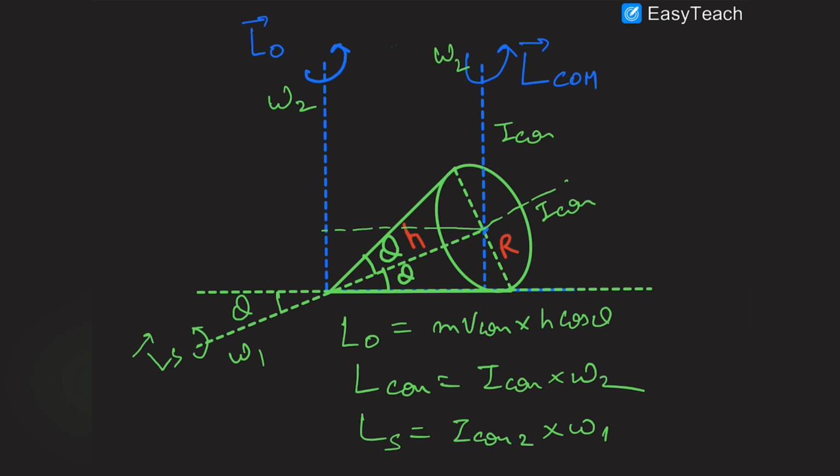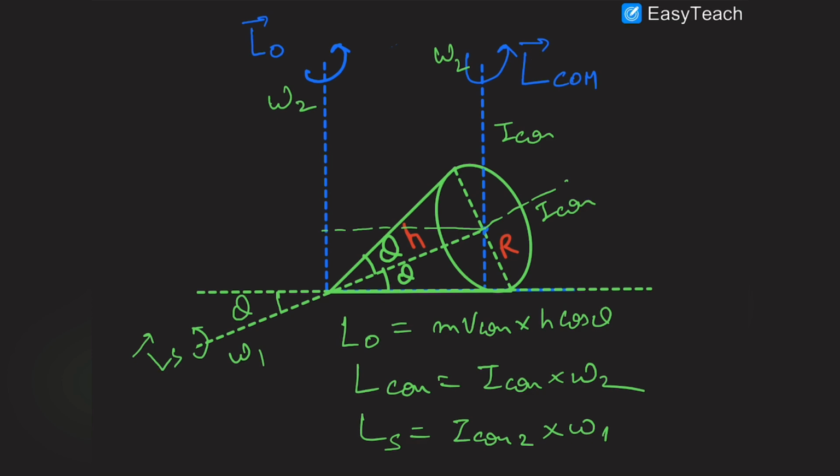Please refer to the angular momentum video in the playlist. This is an asymmetrical object because there is no mirror image of it on the other side of the axis. So we cannot say that the net angular momentum must be on the IAR, and it would be a different result. You have to find these angular momentums individually, and then add them using vector notation to find the total angular momentum.